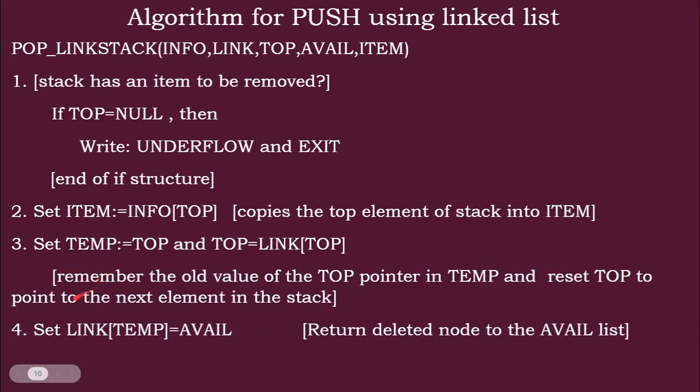So now set link of temp is equal to avail. That means this avail is the empty space now, which we got after removing the top element. So we have to return the available place back to the avail node, because while inserting or pushing we got the node from the avail list, but in the case of the pop operation we have to return the memory space which is created by removing the element from the stack.